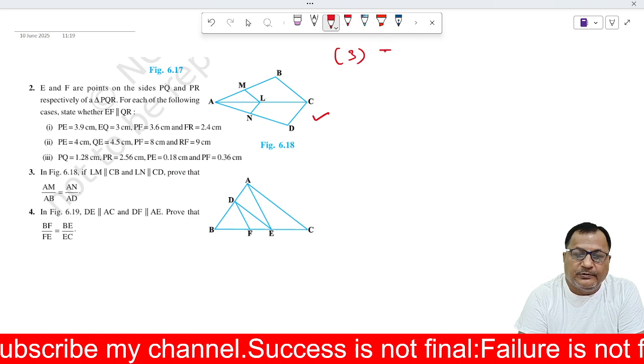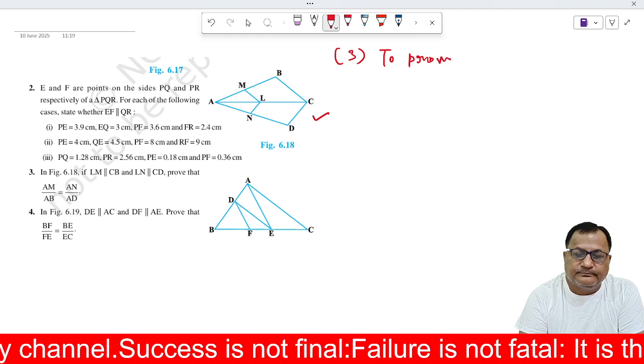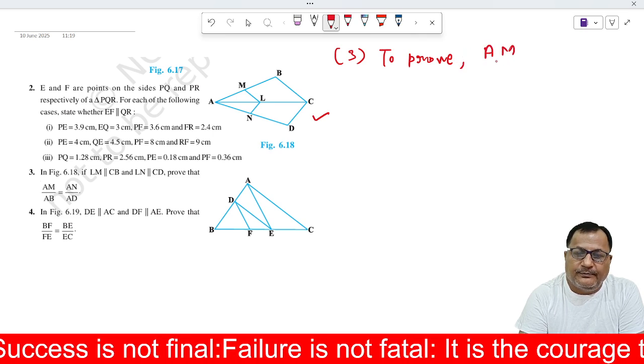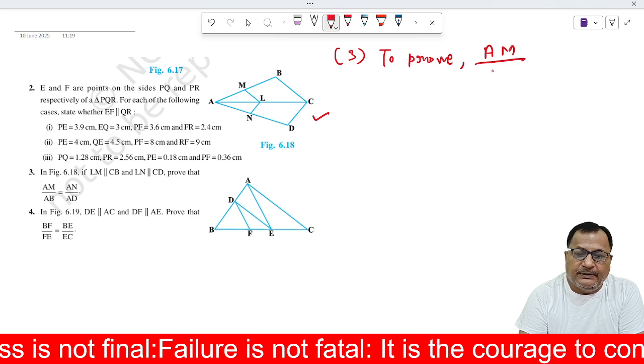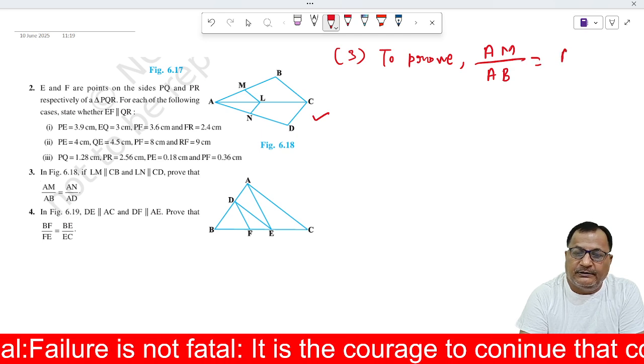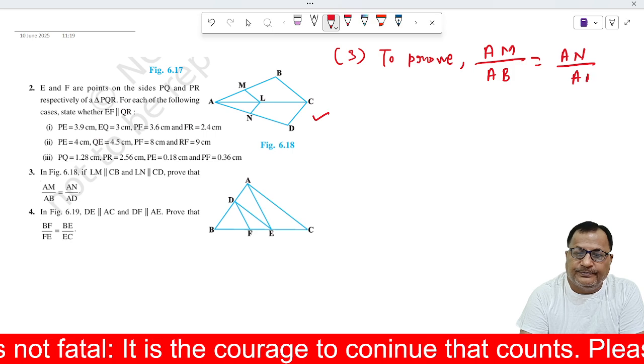To prove: AM by AB is equal to AN by AD.